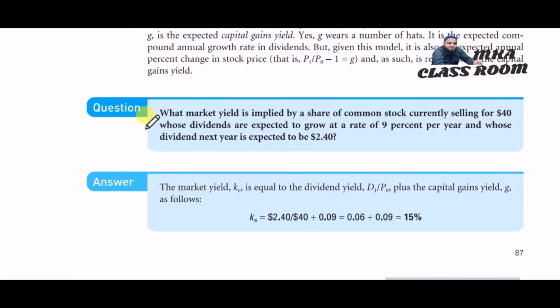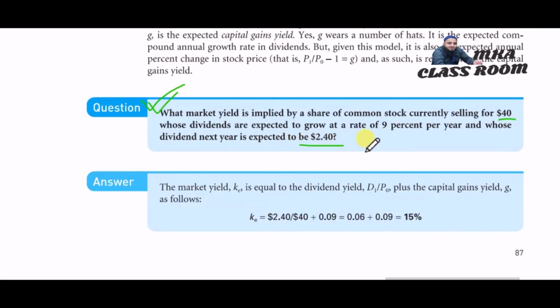Here is an example of finding the yield of common stock. What market yield is implied by a share of common stock currently selling for 40 taka, whose dividends are expected to grow at a rate of 9% per year, and whose dividend next year is expected to be 2.40?